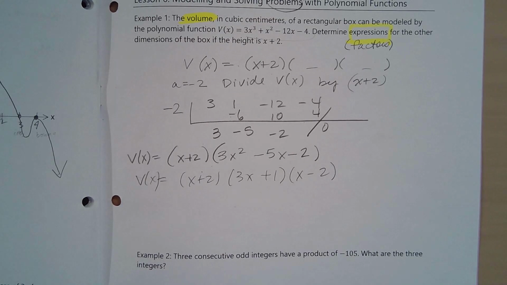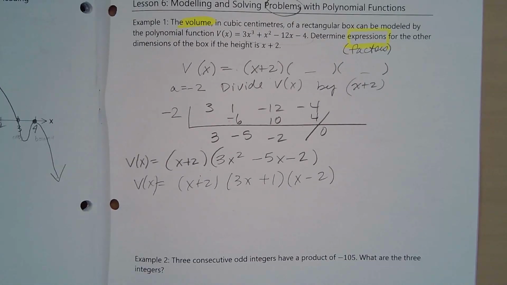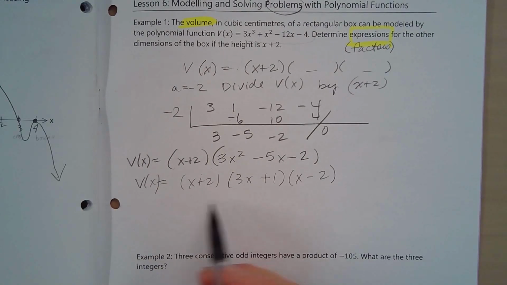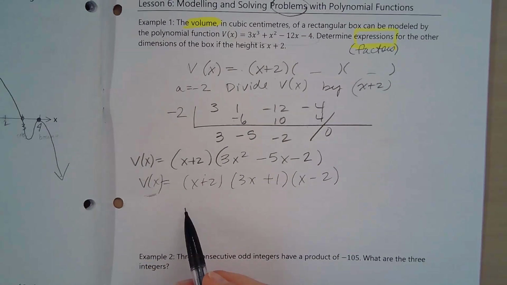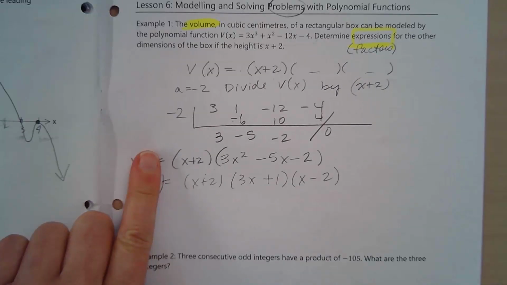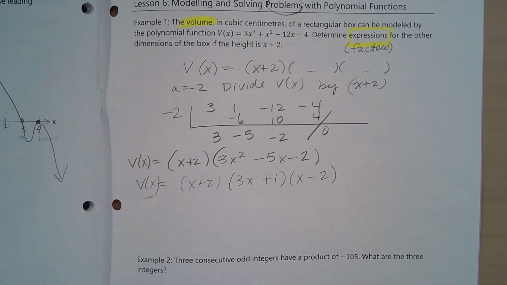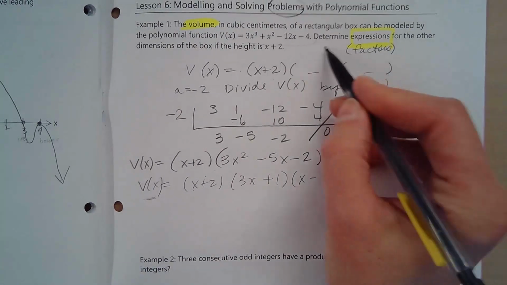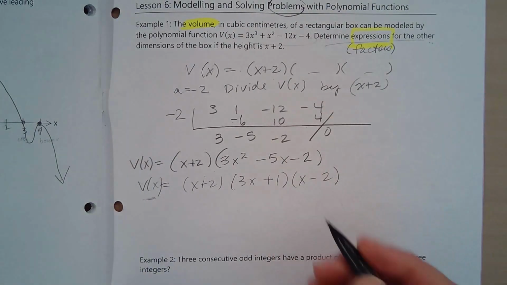I don't know if I have a question on the sheet, but I could actually solve for x and then figure out what length, width, and height are if I gave you a volume, though. I'd have to give you what the box was. If I gave you the volume of the box, then I could get you to solve for these. But they just said determine expressions for the other dimensions.